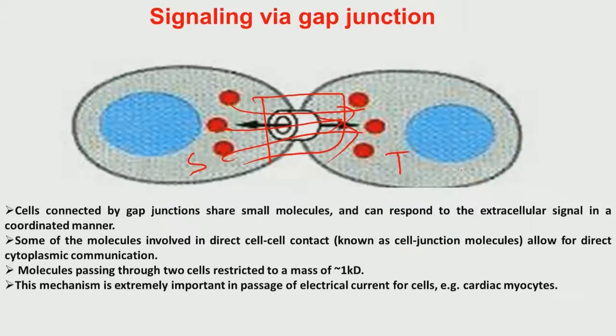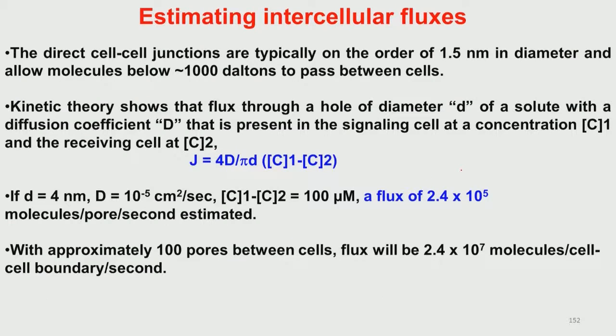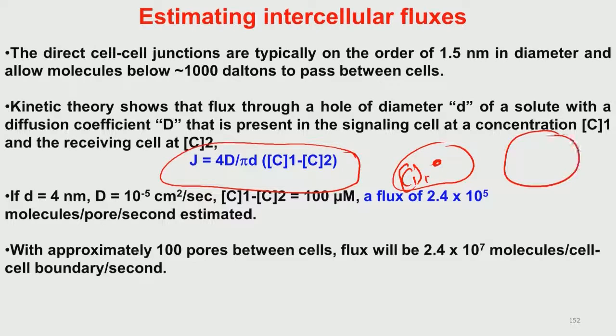If you follow this simple equation, when the source cell has a signaling concentration C1 and the target cell has a signaling concentration C2, then J is equal to 4D upon pi d, where D is your diffusivity and small d is the diameter of the gap junction through which signaling molecules diffuse from the source cell to the target cell, multiplied by C1 minus C2.